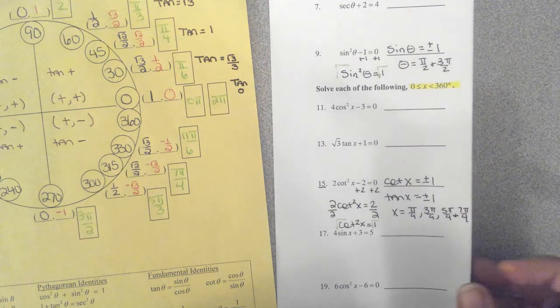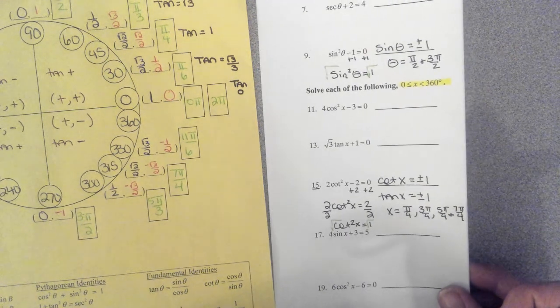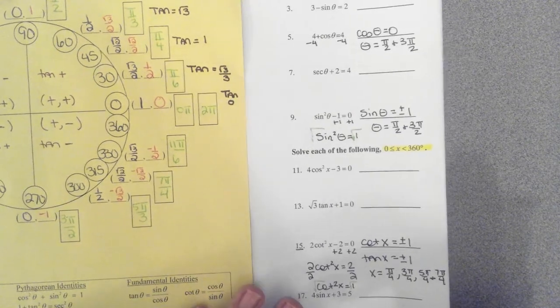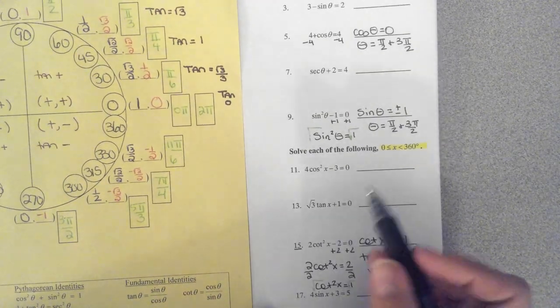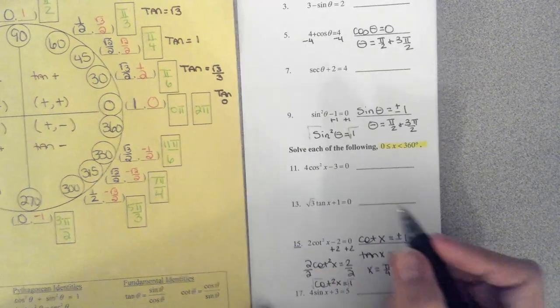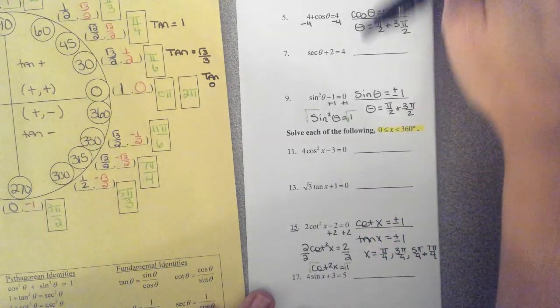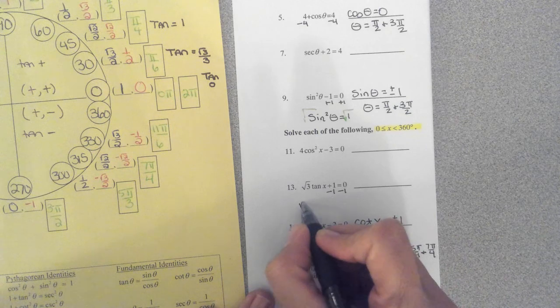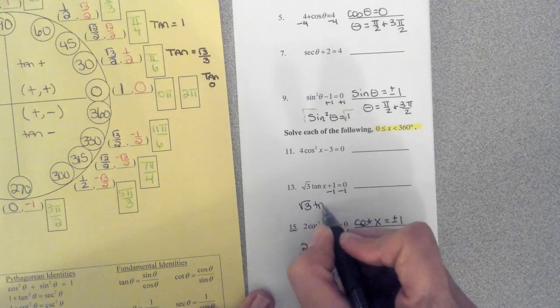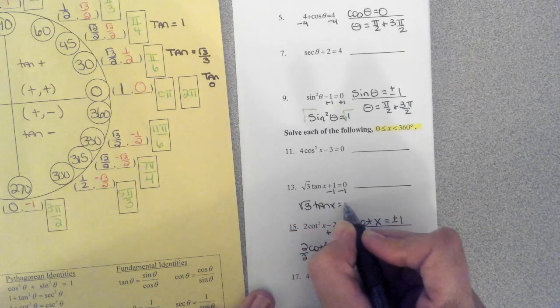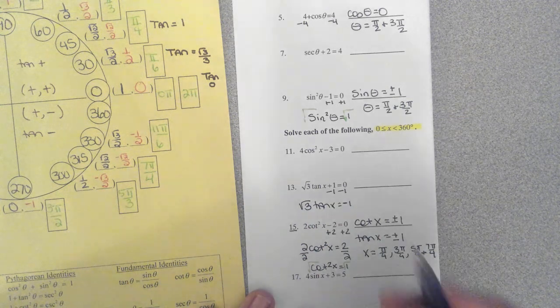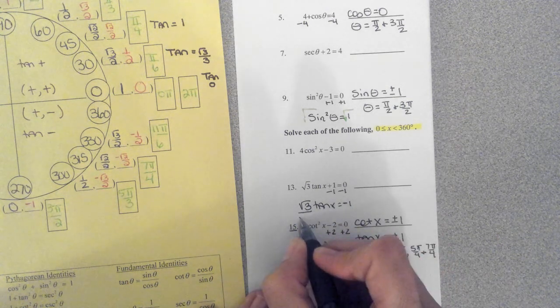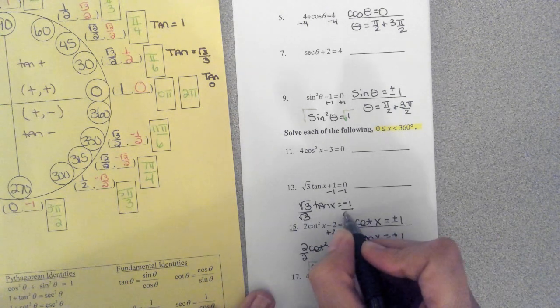All right, let's just go do one more. Let's go do a tangent. Y'all don't usually like tangents, so let's do another one of those. Okay, so we're going to look at 13. First thing I'm going to do, just like an Algebra 1 problem, is subtract 1 from both sides. Not a big deal. So square root of 3 tangent x equals negative 1. The number's touching the tan, so I'm going to remember that means to divide.